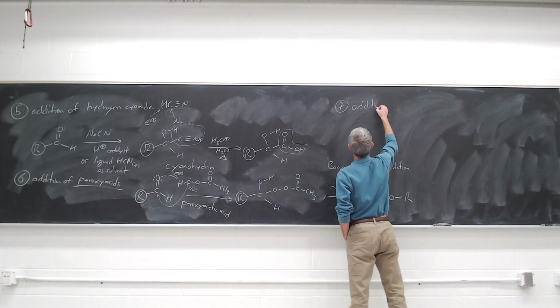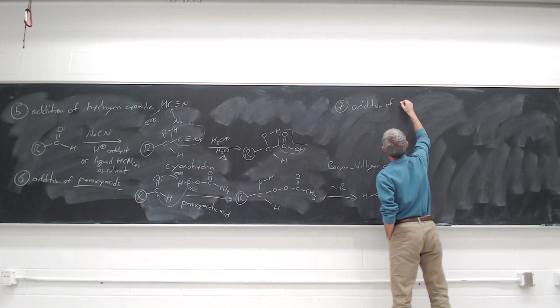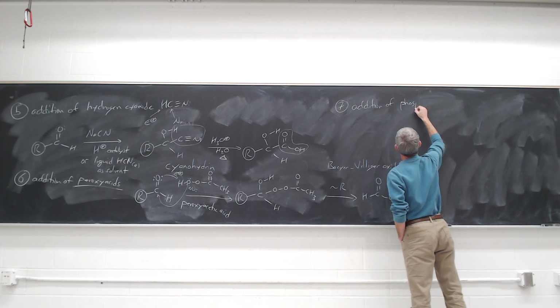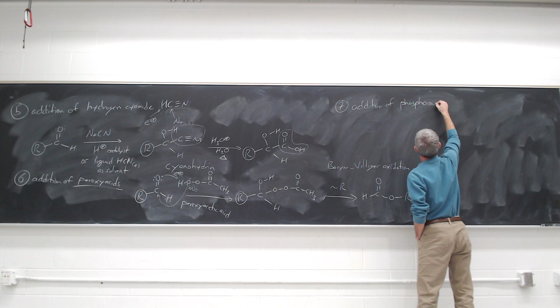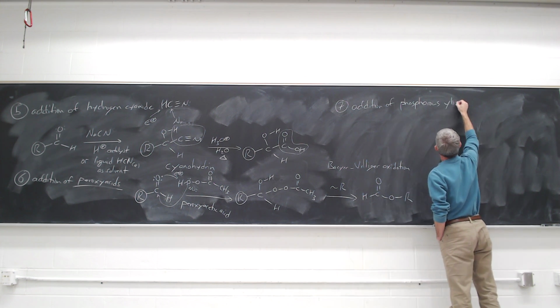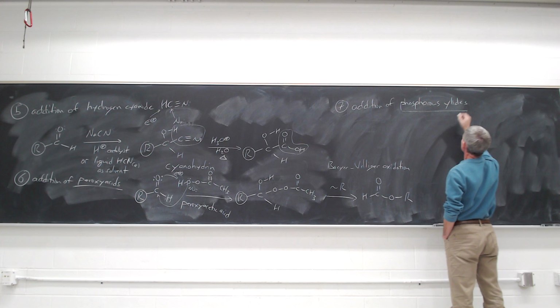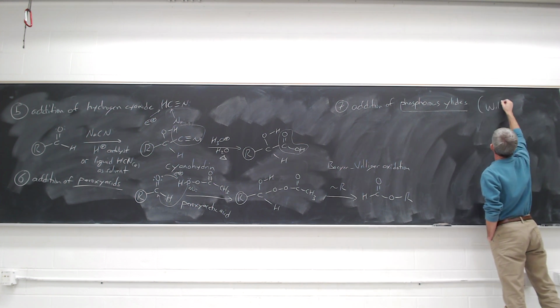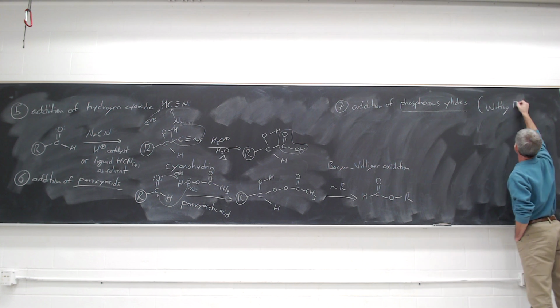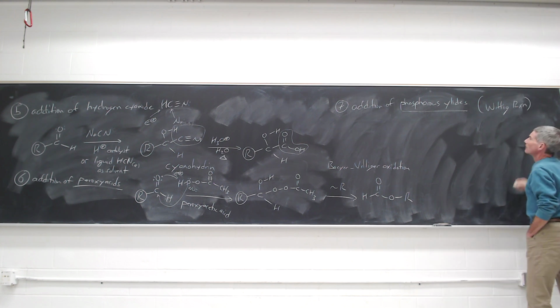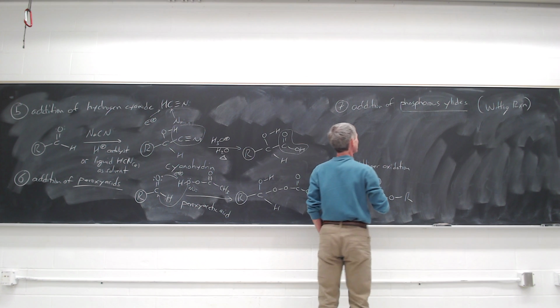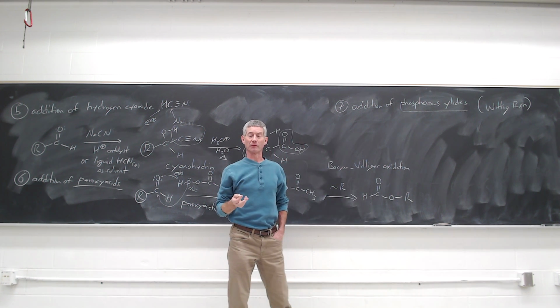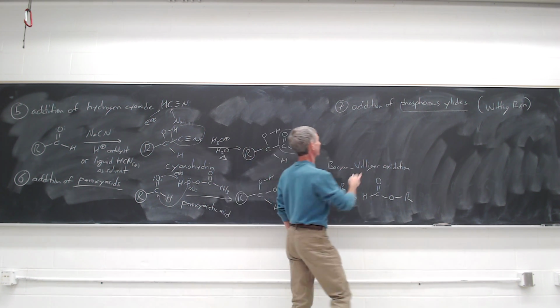And finally, we have the addition of phosphorus ylides. It's called the Wittig reaction. An ylide is a molecule that has a positive charge and a negative charge on adjacent atoms.